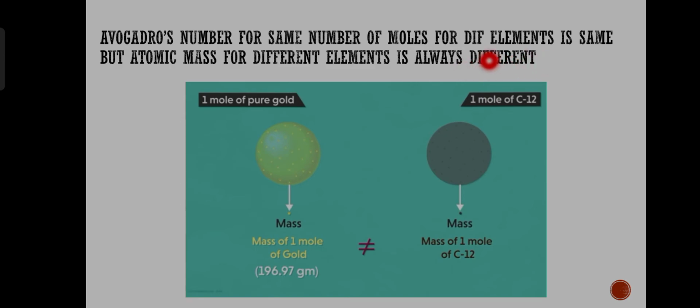So Avogadro's number for the same number of moles of different elements is the same, but atomic mass for different elements is always different.